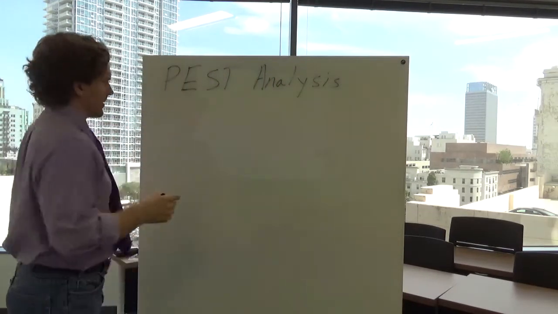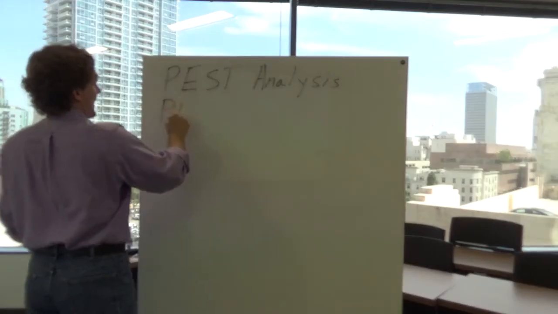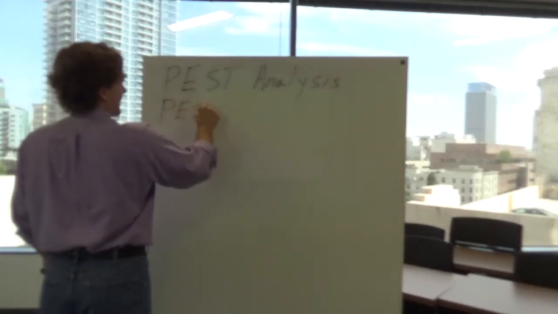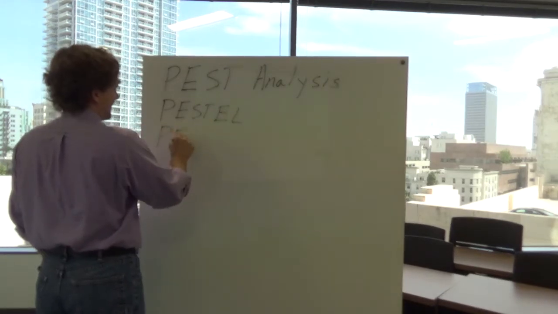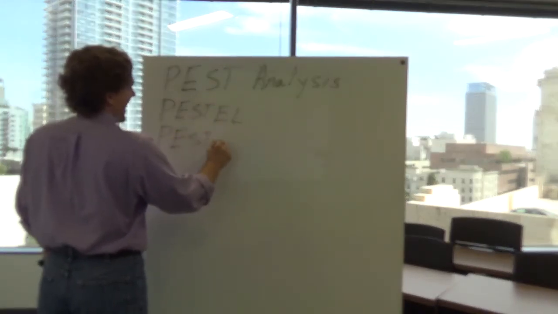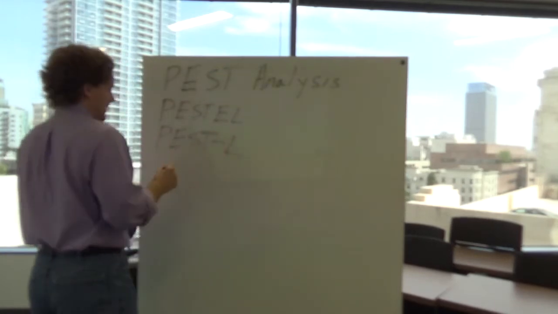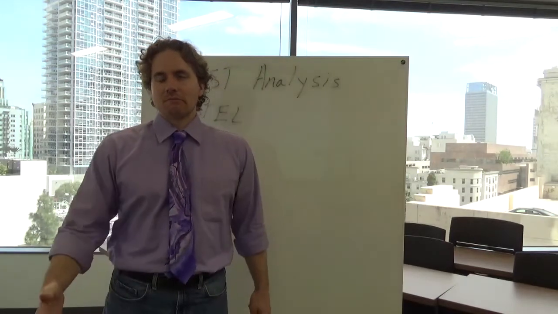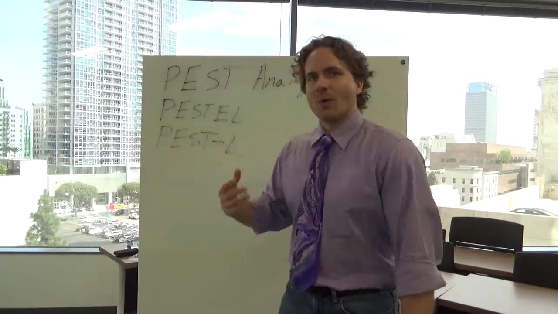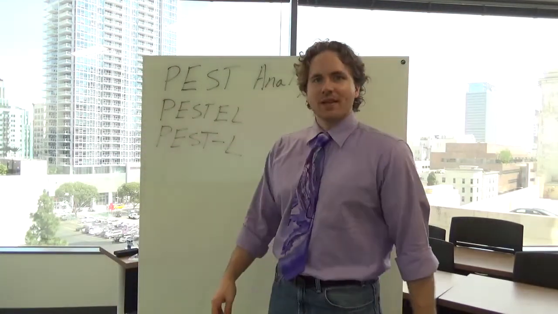Some people, or companies, also have what they call a PESTEL analysis. Is there one that's right or wrong? No, it just depends on which one your company uses. Go with the one that they like, not necessarily the one that we like.